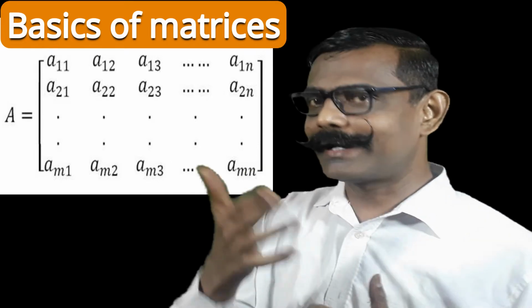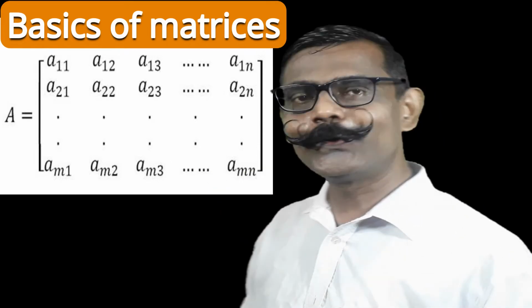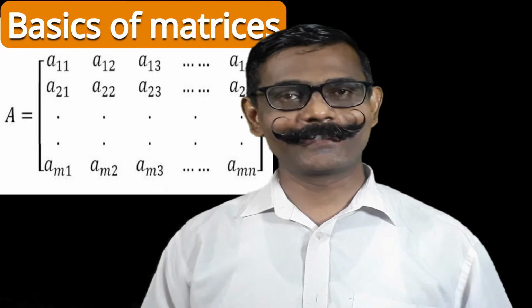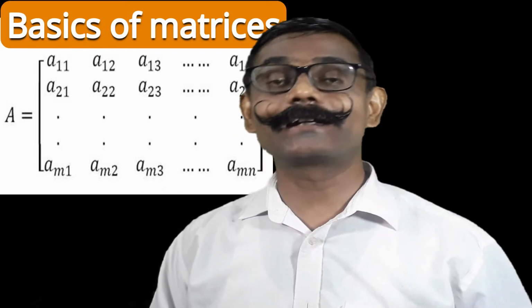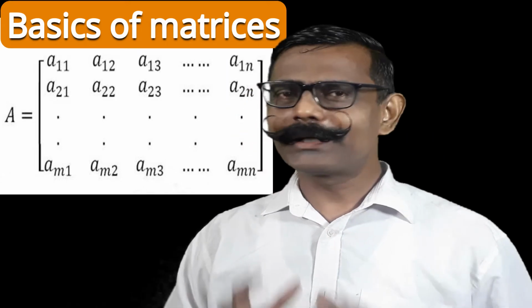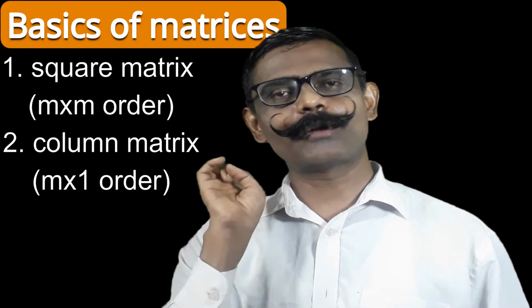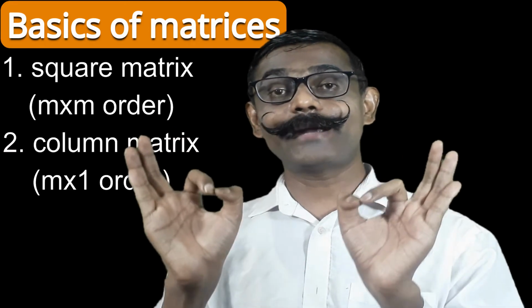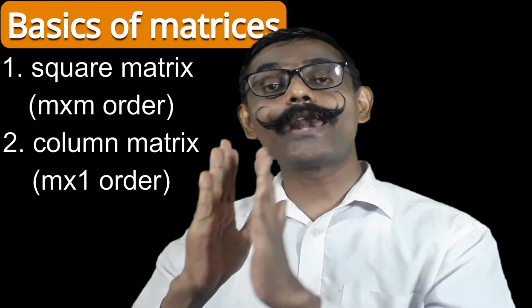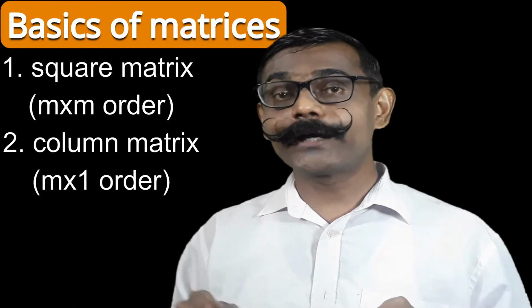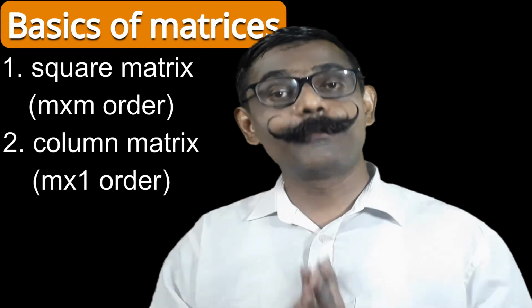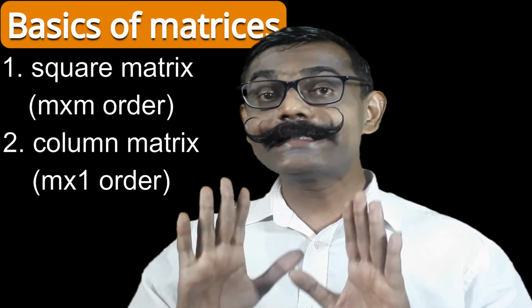But the matrices I had given as examples were all square matrices. Actually, more than 8 types of matrices are there. But considering the scope of your syllabus, we will deal with only 2 types of matrix: one square matrix and the other column matrix. In a square matrix, the number of rows and number of columns will be the same.